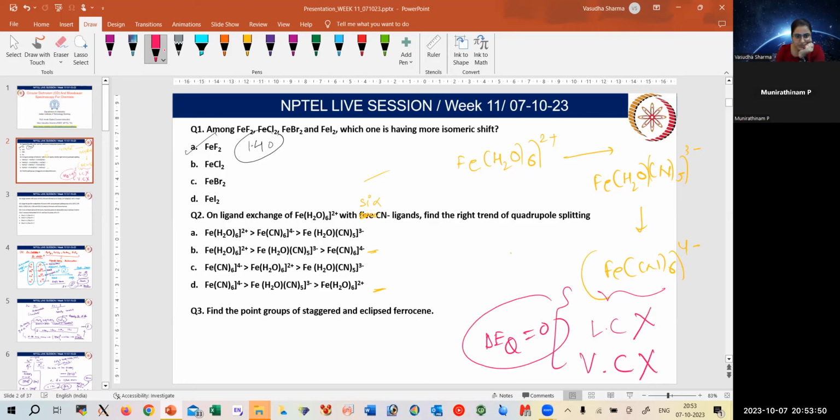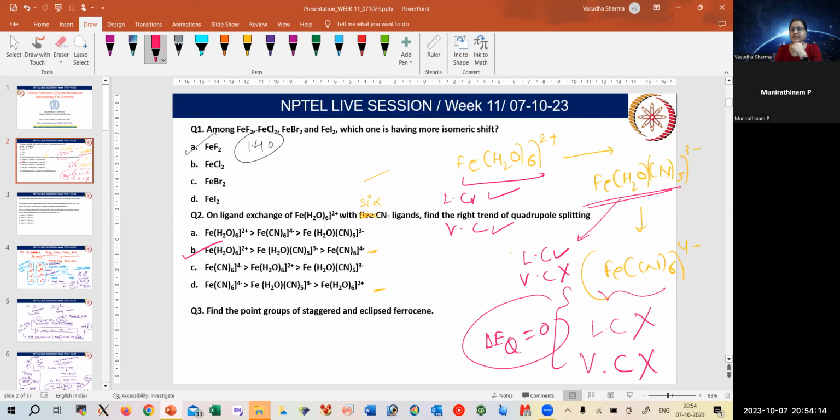So the right option is D or B? B, ma'am. Okay. Because we have also seen that in iron H2O, lattice contribution is there, valence is also there. In case of this one, it is making a low spin. So only lattice is there, valence was not there. So that's why the right answer is B.